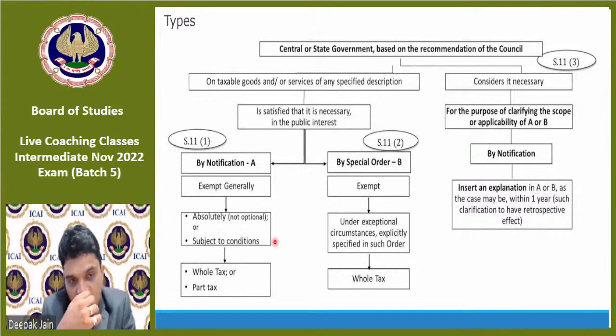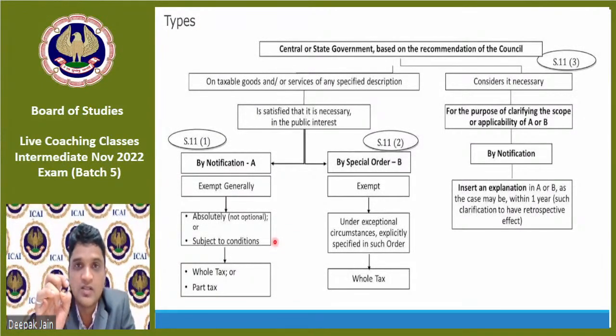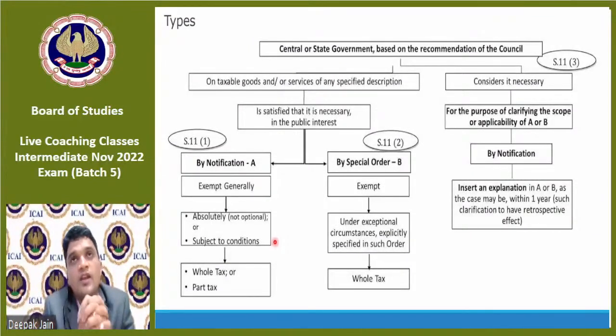Similarly, in an exemption notification, they can give exemption without any condition, which is called absolute, which means it is not optional. When it is absolute, it is not optional. But if it is subject to conditions, it becomes optional. Take the exemption on charitable organizations.